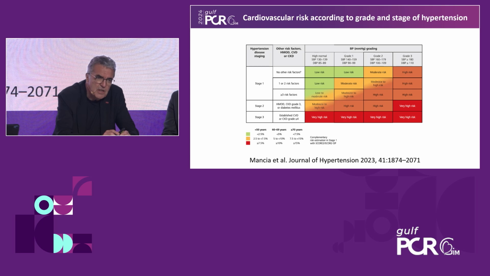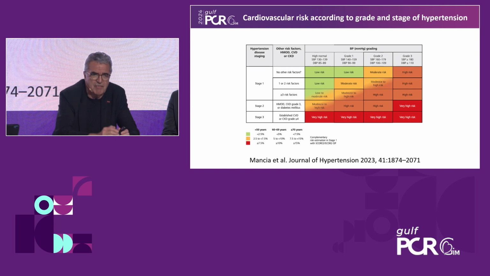When you look at the risk of hypertension, and particularly the cardiovascular risk, we can see that this risk depends on the grade of hypertension and, second, the stage of hypertension. The grade is defined by the level of systolic and diastolic aortic pressure.